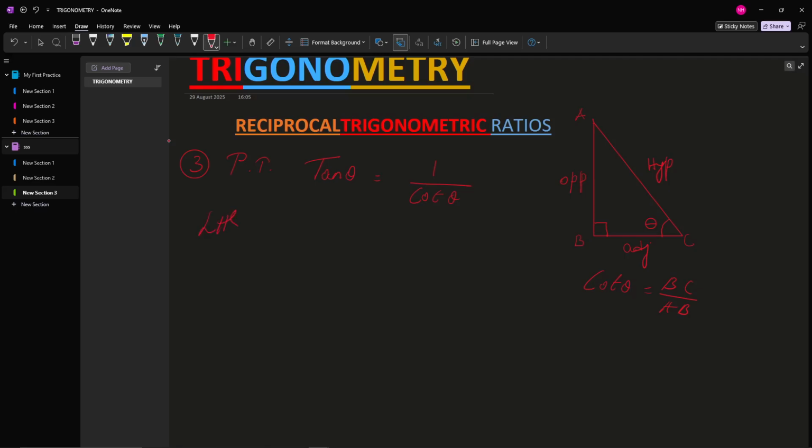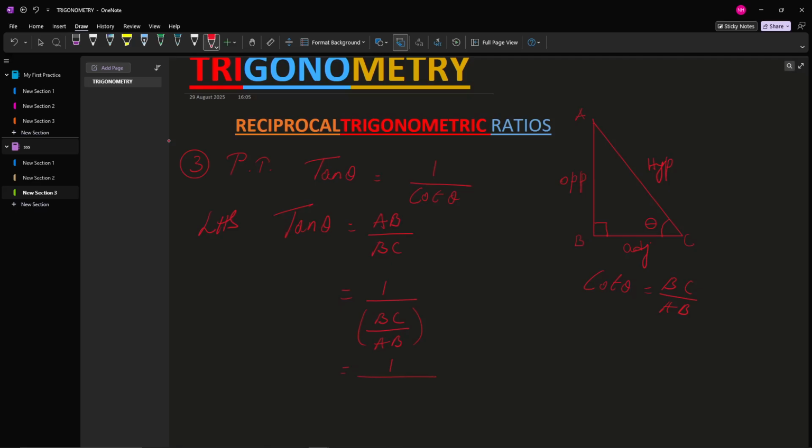So take up LHS. LHS is tan theta. According to the trigonometry function, tan theta is opposite side divided by adjacent. Opposite side is AB divided by adjacent, which is BC. Next, what I'm going to do is take the complete reciprocal of this. When I reciprocal this, 1 divided by, it is going to be BC divided by AB.